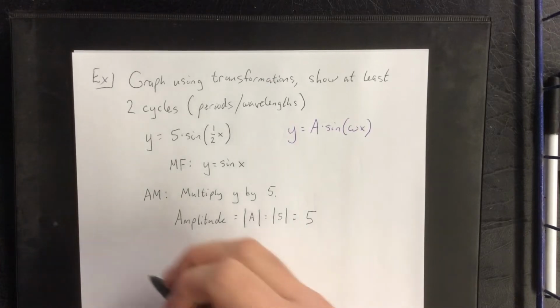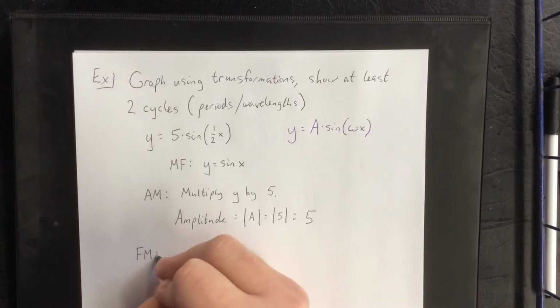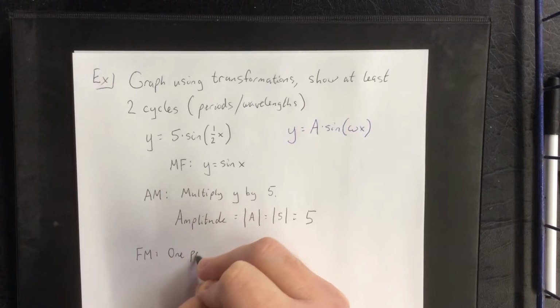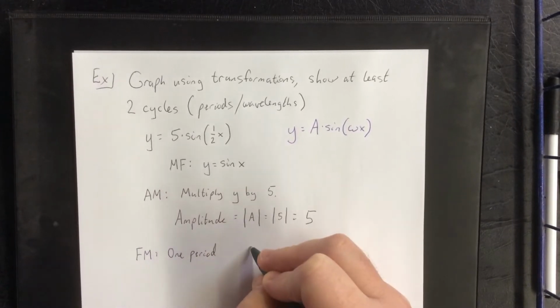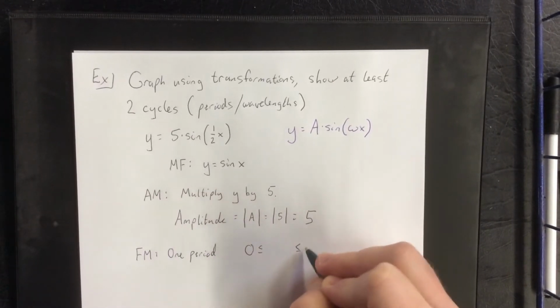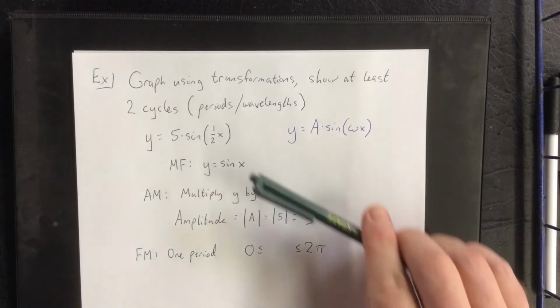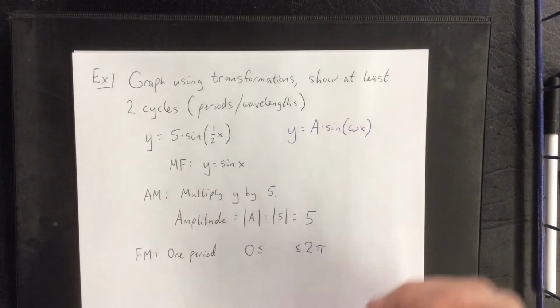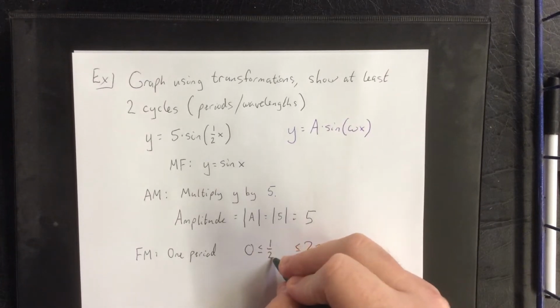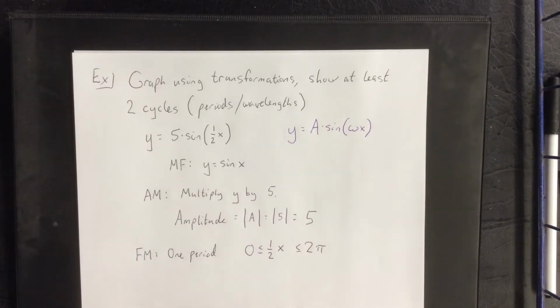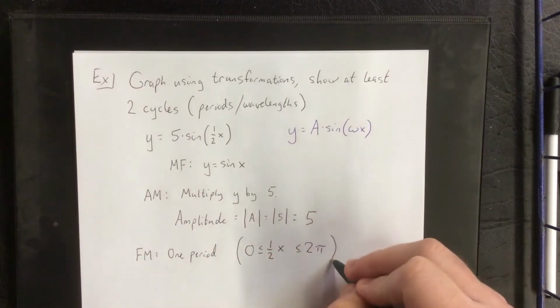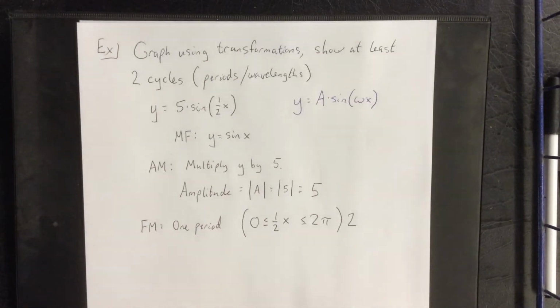Now, as far as frequency modulation is concerned, one period is going to go from, the angle goes from 0 to 2 pi. The angle, in this case, is everything inside the parentheses here. So this would count as 1/2 x. Whatever algebra you do to solve for x here, that will be your frequency modulation. In order to solve this for x, I am going to multiply through by 2.